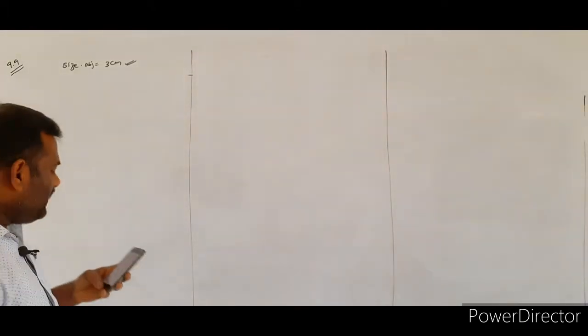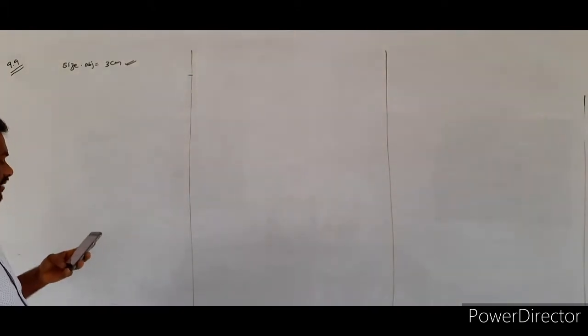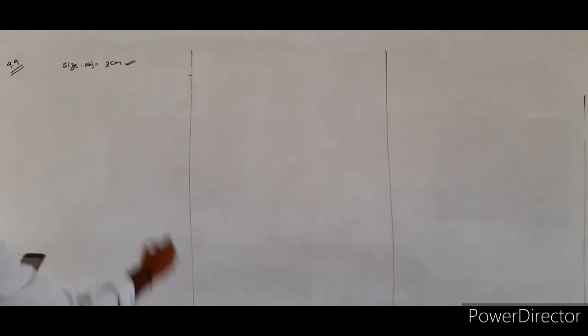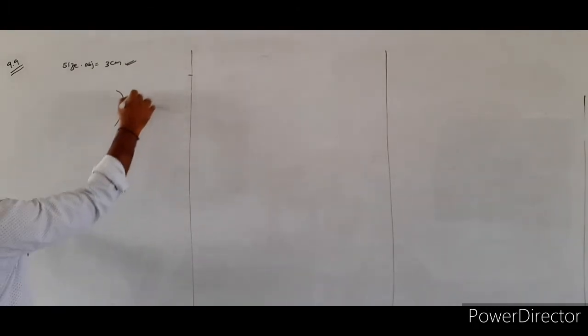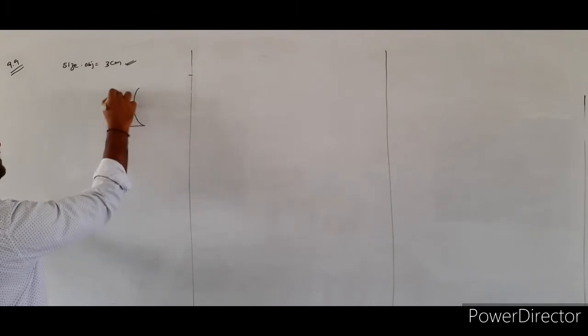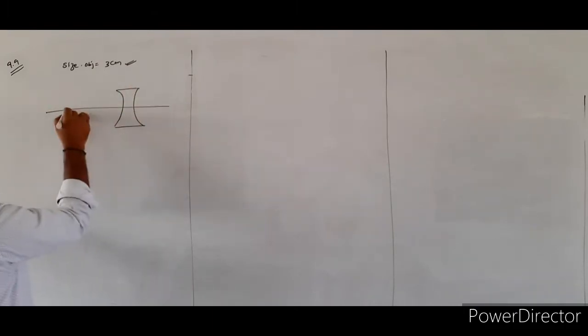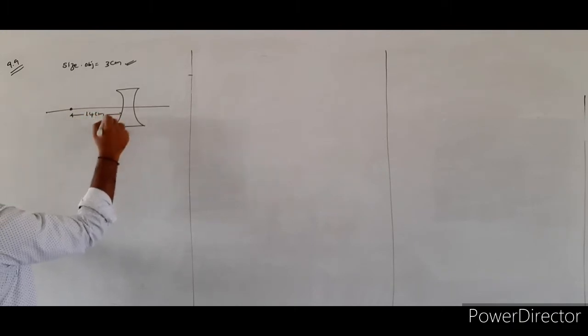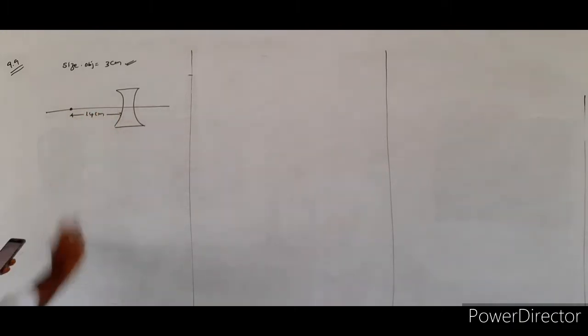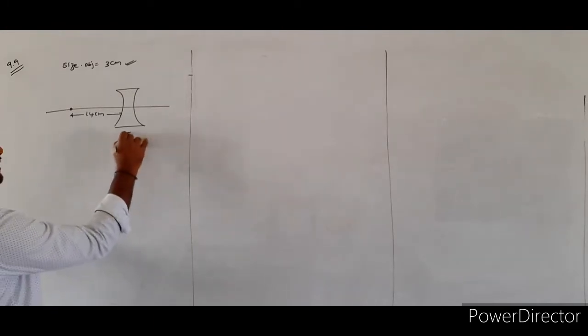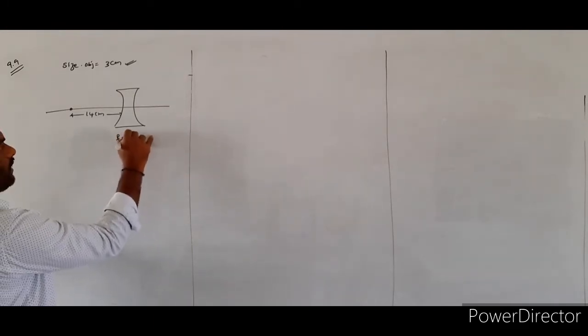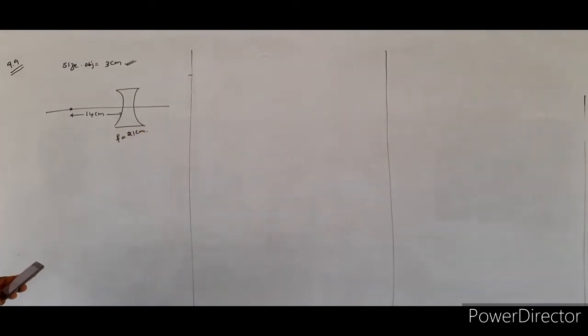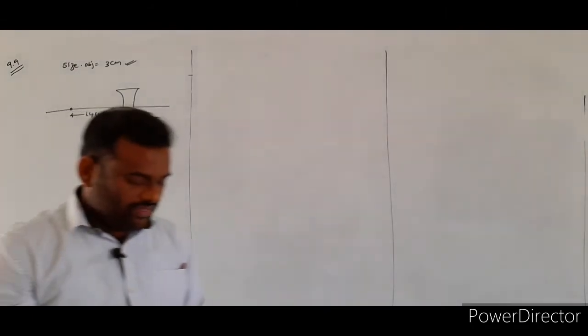It is placed at a distance of 14 centimeter in front of the concave lens. So first we will draw the concave lens. This is the concave lens, where the object is located at a distance of 14 centimeter in front of it, and whose focal length is 21 centimeter.